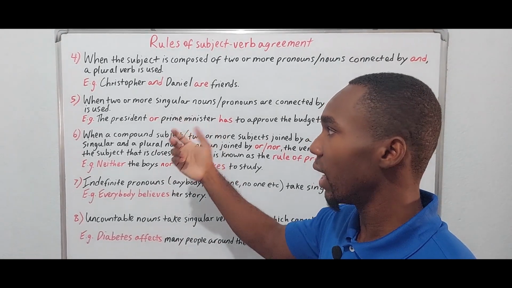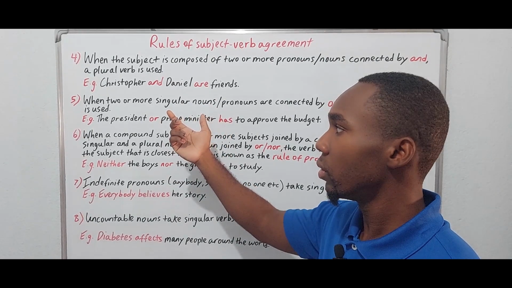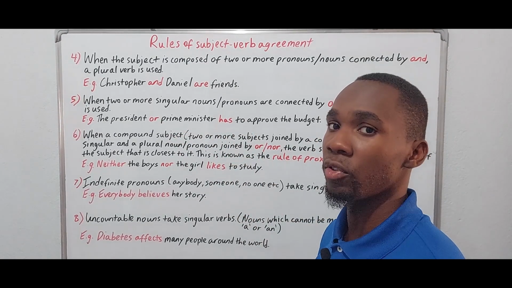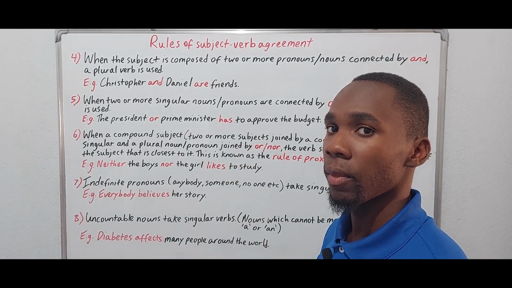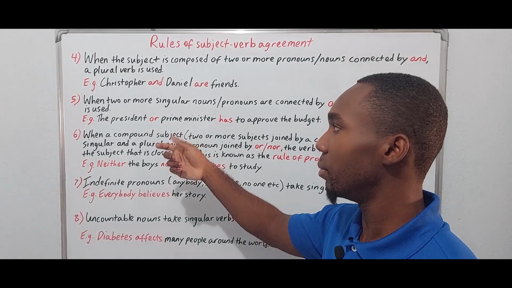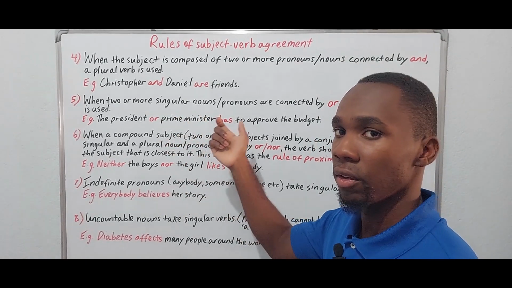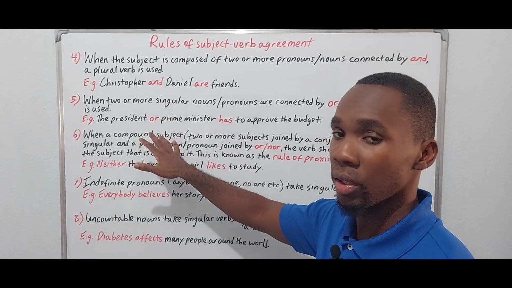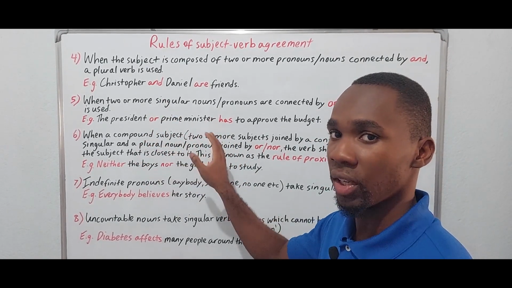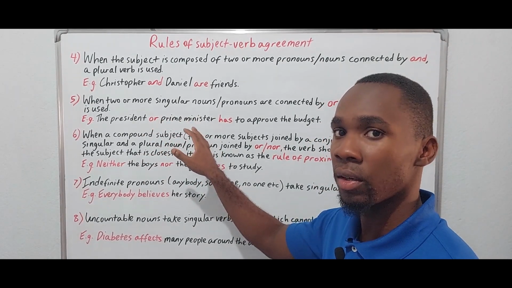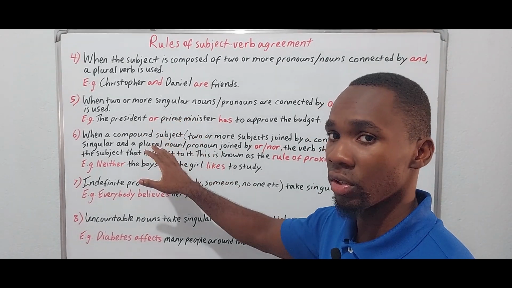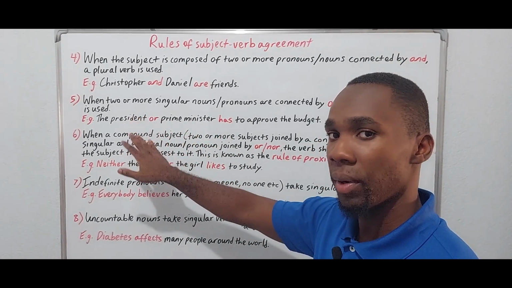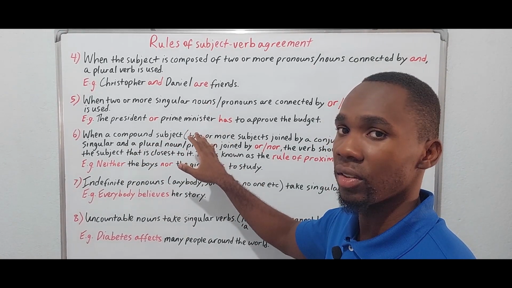I could put a twist to that. If the nouns were plural, then the verb would have to be plural. Okay? So when you have subjects that are connected by or, the verb would agree with the number of both subjects. So if both of the nouns are singular, then the verb must be singular. Like in this example, the president is singular and the prime minister is singular.